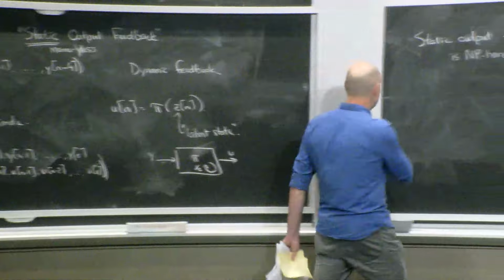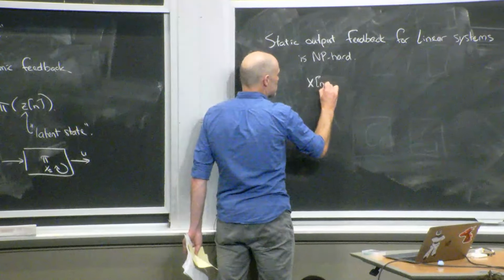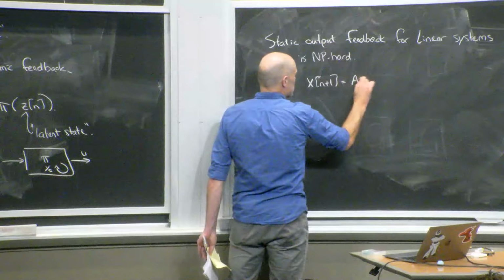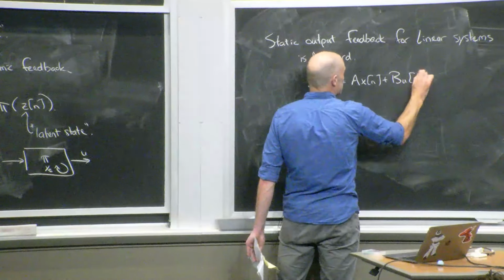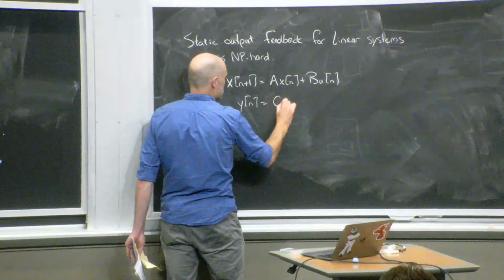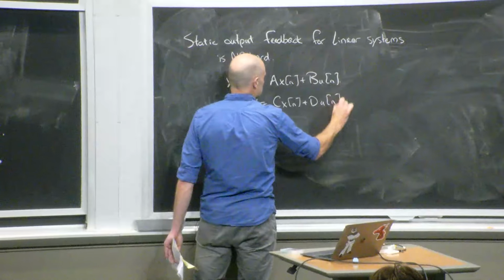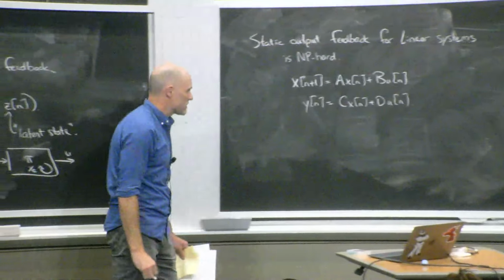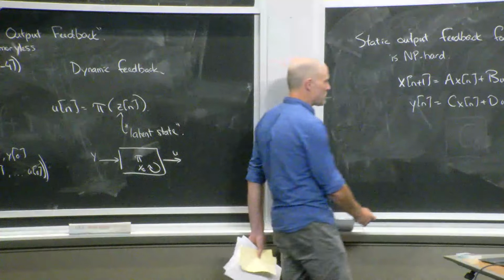So if I have x_{n+1} = A x_n + B u_n, this is the canonical state space representation for my plant.